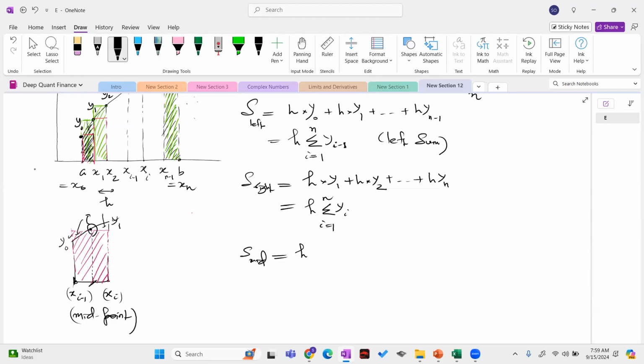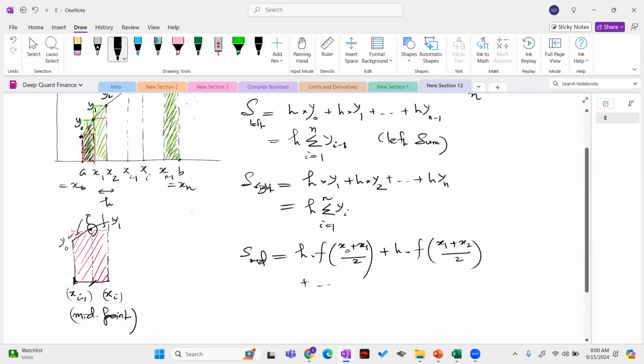Okay, small difference. So it will be h times the function evaluated at x0 plus x1 by 2. It's not y0 plus y1 divided by 2. Make sense? Second one will be h times f of x1 plus x2 divided by 2. And this goes on.